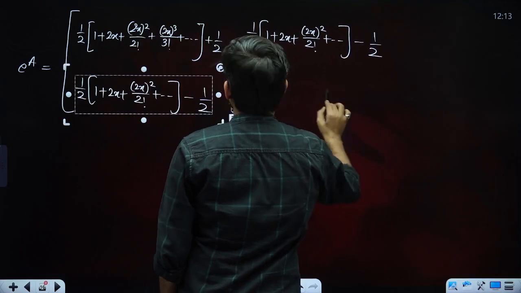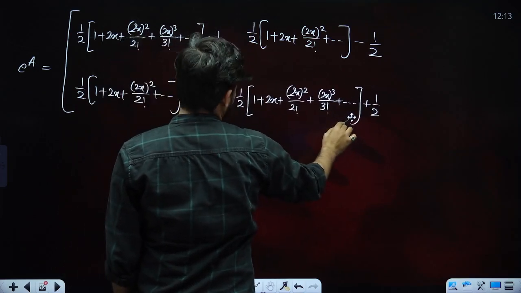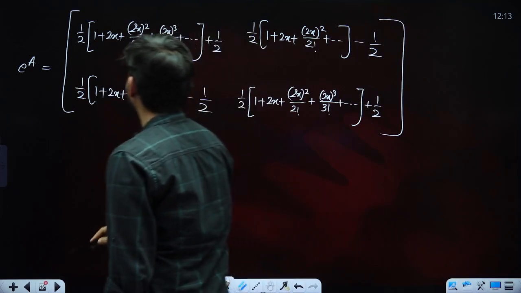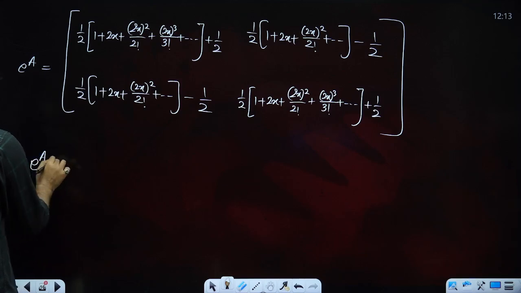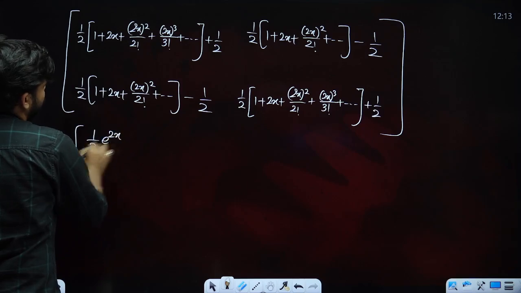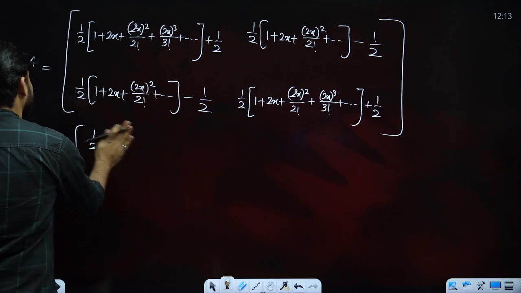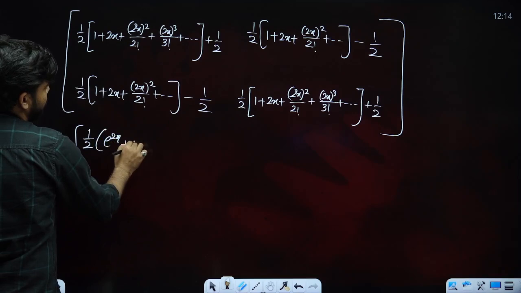Now we can write e raised to A. It is equal to half e raised to 2x plus 1 by 2. So overall we can write 1 by 2 times e raised to 2x plus 1.